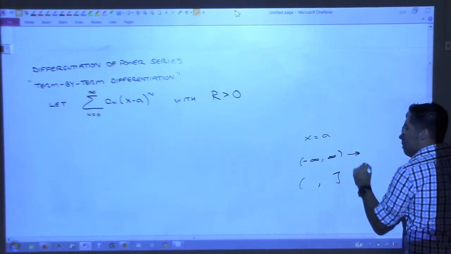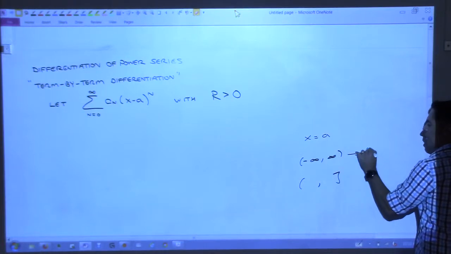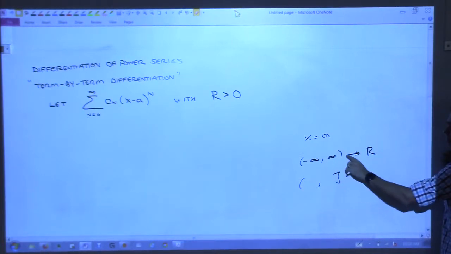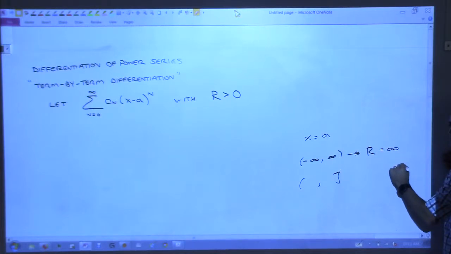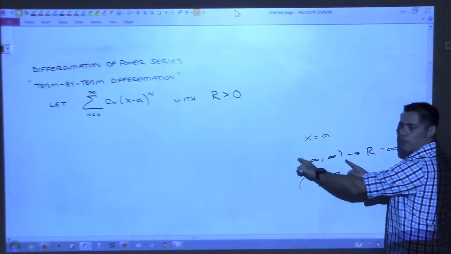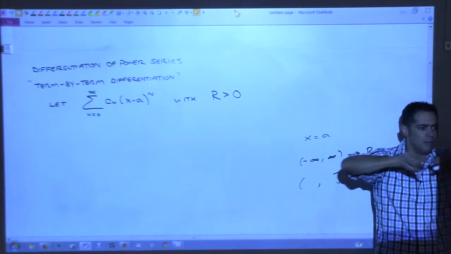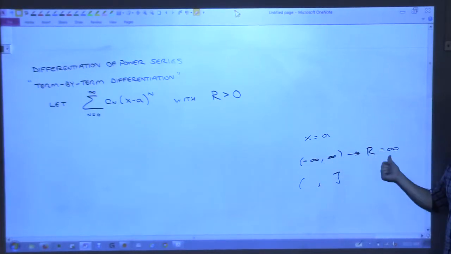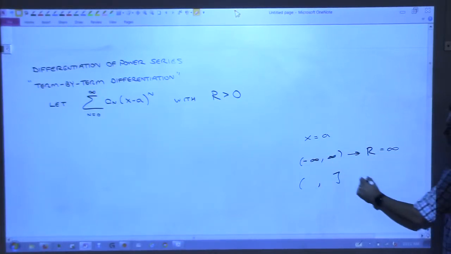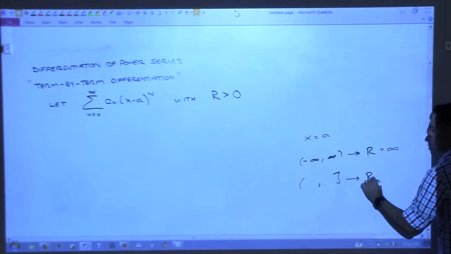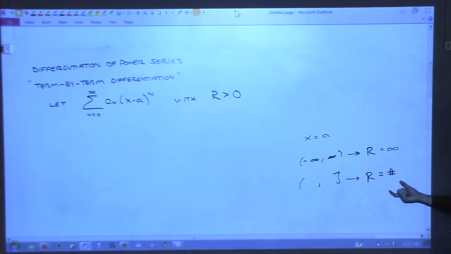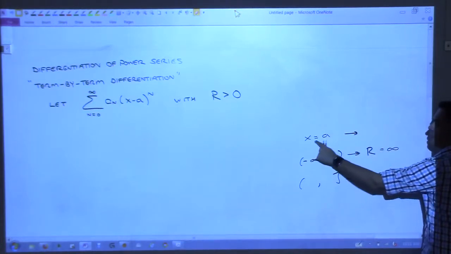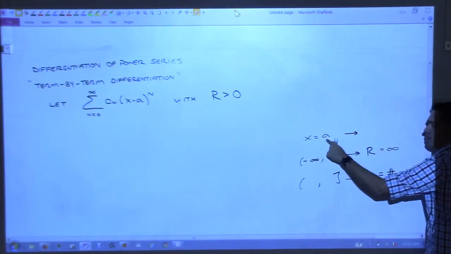In the everywhere case, would you agree that the radius of convergence would be infinite? If it converges everywhere, then the radius out in both directions would be everything, right? And in the interval case, the radius of convergence would be some constant number. But what if it's only at one point?